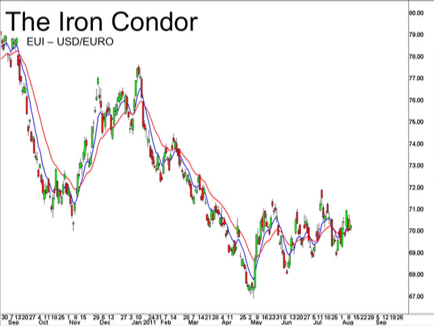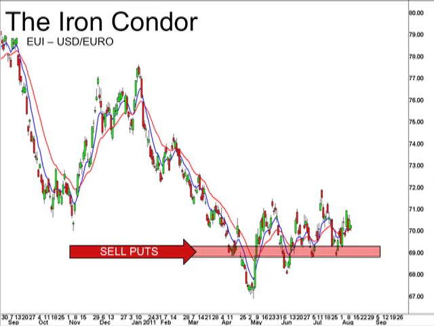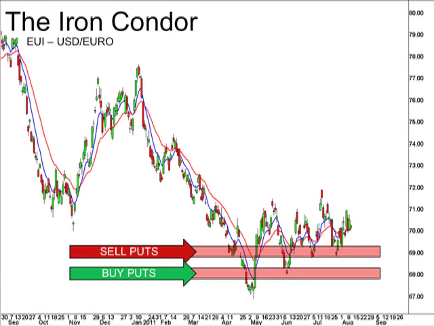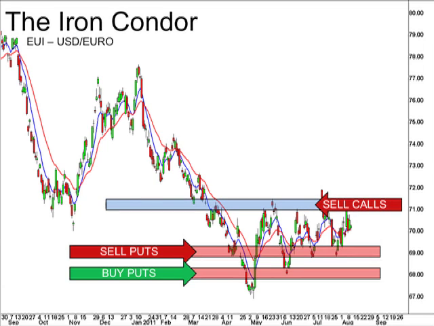Now, the last strategy I want to take a look at here, and then I'm certainly open to taking any questions, and maybe if we have a couple of minutes, I'll just share today's chart and we can see what happened. But ultimately, we have here the EUR/USD, and the consideration might be that we don't think within the next month that it is going to trade below 69.